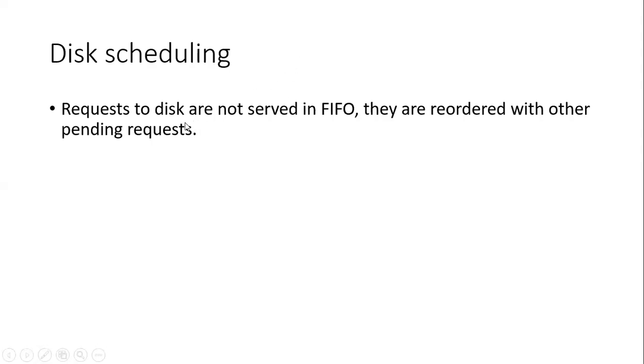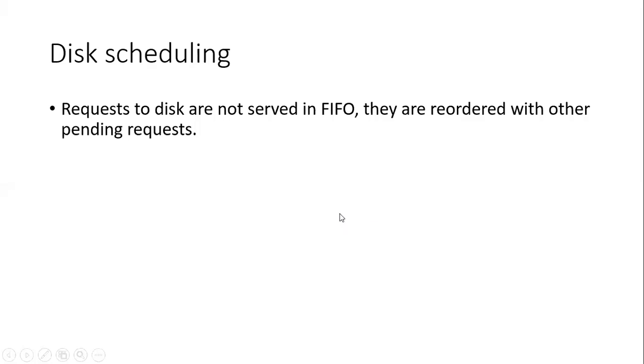Here in disk scheduling, we are going to see different kinds of disk scheduling algorithms. Requests to disk are not necessarily served first in, first out. FIFO is one kind of disk scheduling algorithm, but it is not the optimal one.